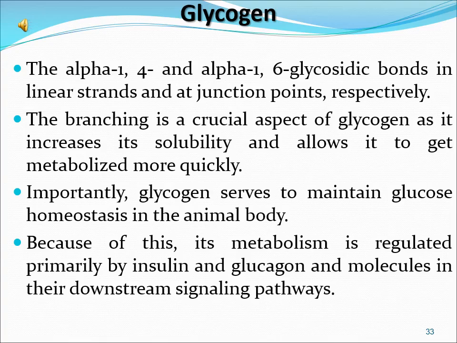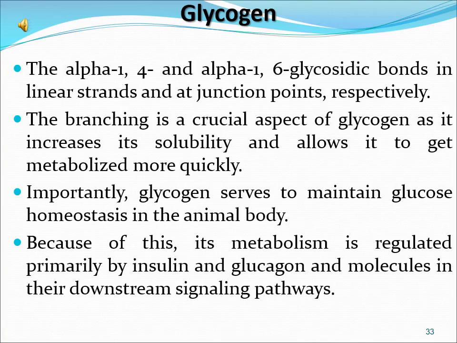Now continuing with glycogen: the alpha 1,4 and alpha 1,6 glycosidic bonds are found in linear strands and at junction points respectively. The branching is a crucial aspect of glycogen as it increases its solubility and allows it to get metabolized more quickly.